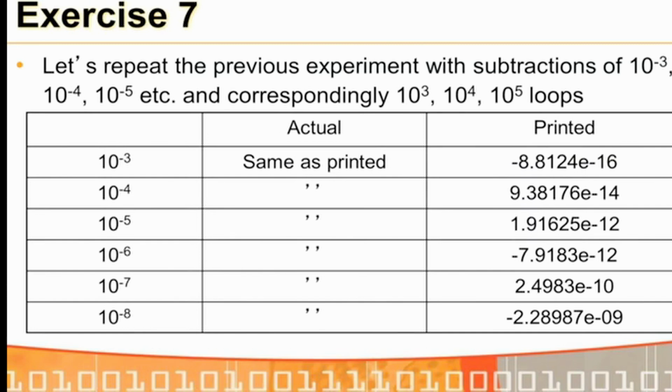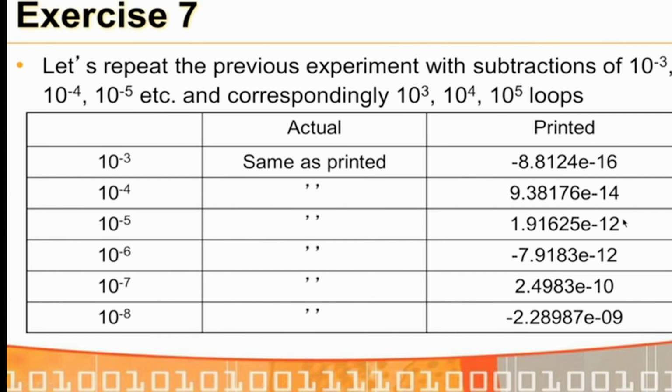So, this is what we see with 10 power minus 3 in double, and note that here also my error was 10 power minus 16 when I started with 10 power minus 3. But if I start decrementing 1 with 10 power minus 8, I am getting an error which is 10 power minus 9.